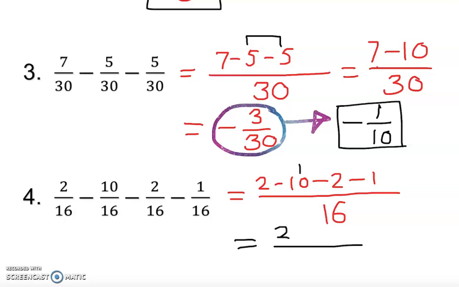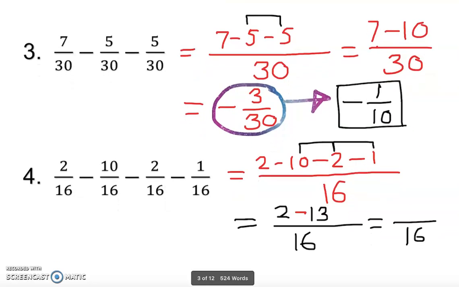And these are all the same sign, so I'm going to keep the sign. I want to make sure we understand that: keep the sign and add all those numbers. 10 plus 2 is 12, plus 1 is 13. So that over 16, and we have a 16 on the bottom.